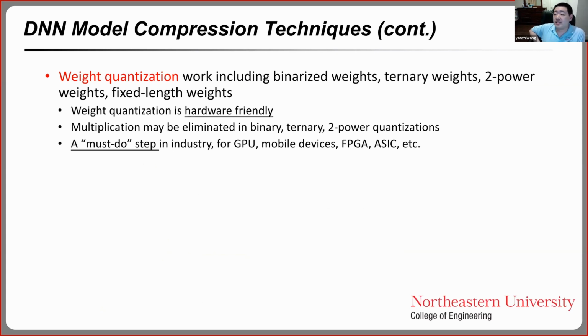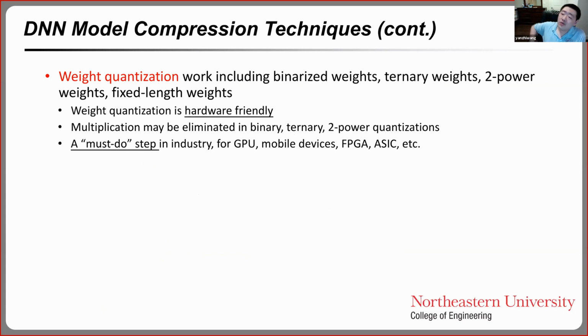There are also other techniques like weight quantization, including binarized weights, ternary weights, power-of-2 weights, fixed-length weights, etc. They are somewhat hardware friendly, and multiplication may be eliminated in binary, ternary, or power-of-2 weights. But for mobile CPUs or GPUs, it's very difficult to support very deep binarization or ternarization.